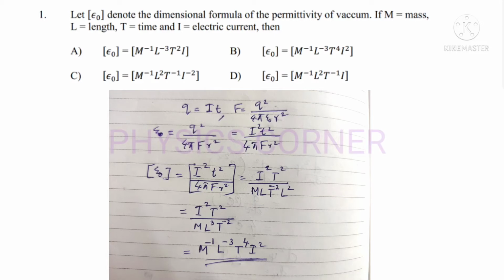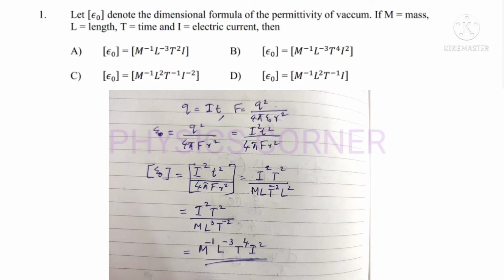Now we can write down the dimensional formula for epsilon 0 as the dimensional formula of I square T square by 4 pi F R square. So, I square T square by M L T raised to minus 2, which is the dimensional formula for force, and for R square we can write L square.